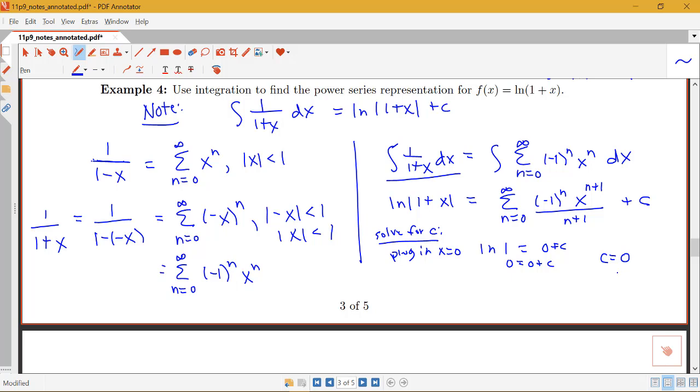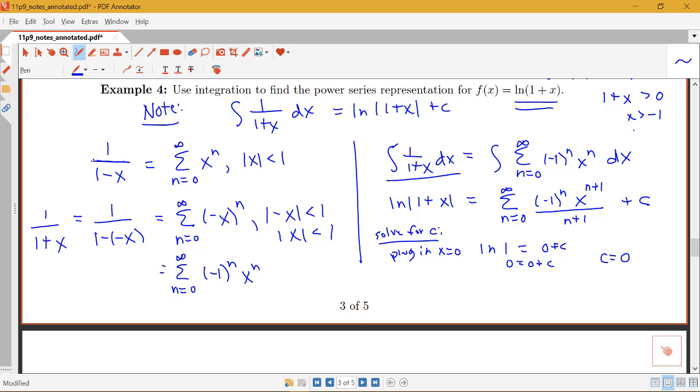Okay, so what about why I have absolute value bars here and not on the original function? Well, if I need my absolute value of x to be less than 1, that means x is between negative 1 and 1. Okay, and 1 plus x is greater than 0 when x is greater than negative 1.